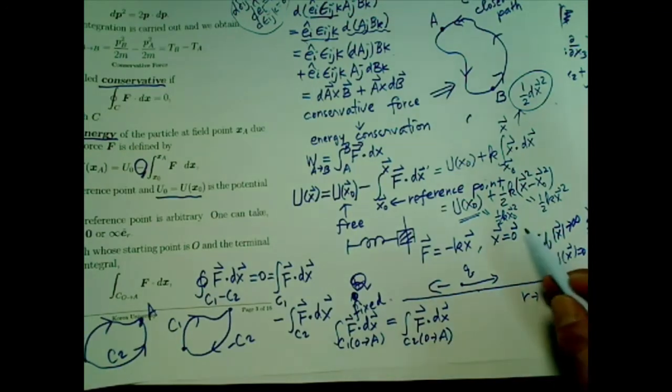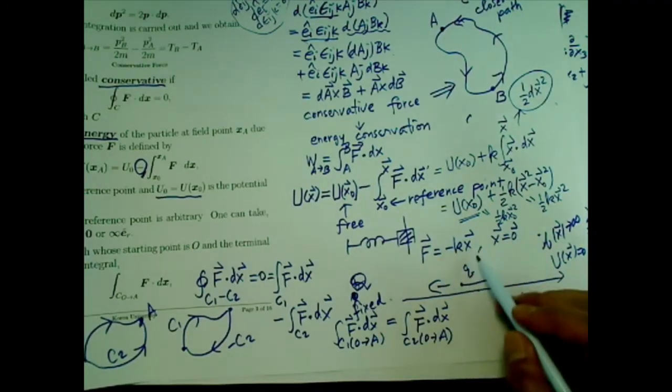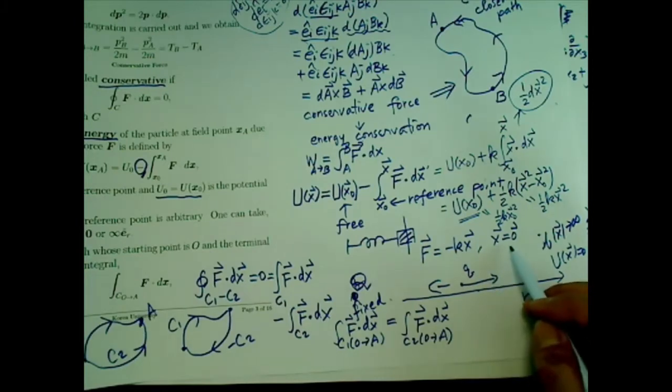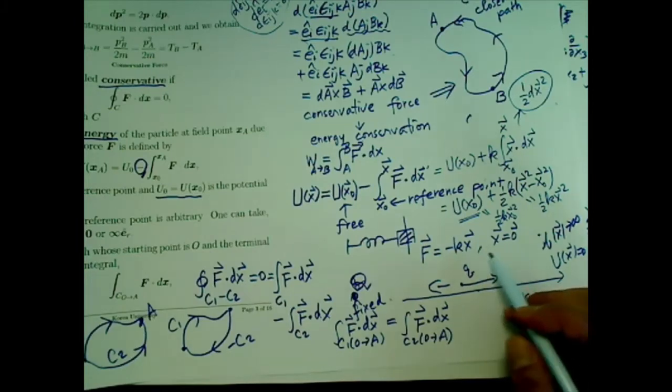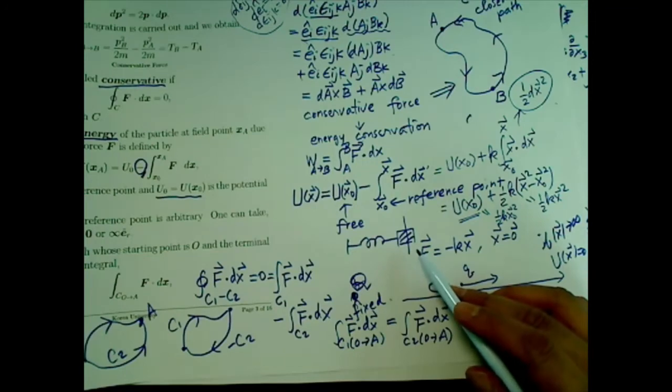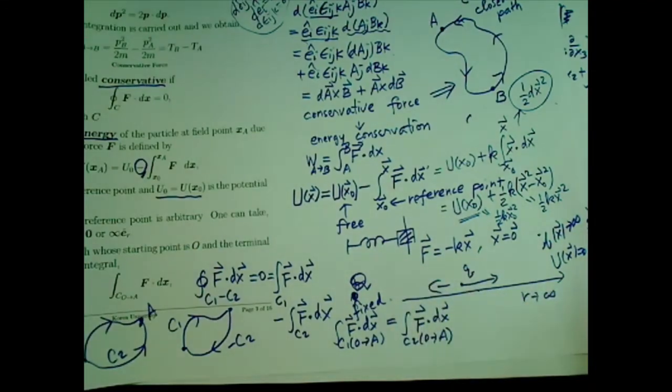As you know, this x0 is actually 0, and at that point, the restoring force becomes 0 if we substitute x equals 0. So usually people use the reference point x to be 0 for the restoring force of the spring.